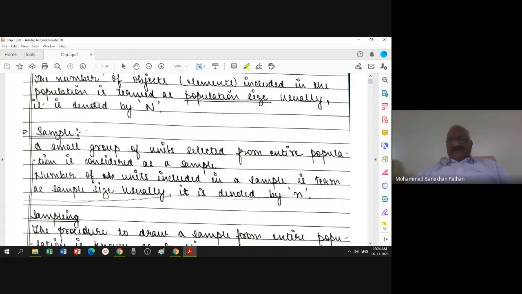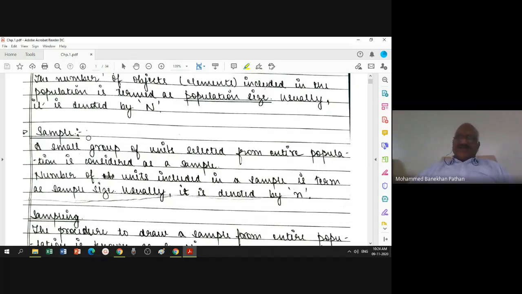Example number one. Suppose there is a patient who is suffering from a disease which is not traceable without checking the blood. So the doctor suggests that the patient go to the lab and perform the test as suggested by the doctor.